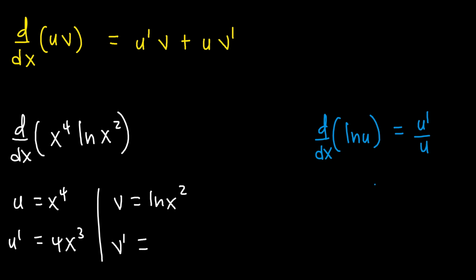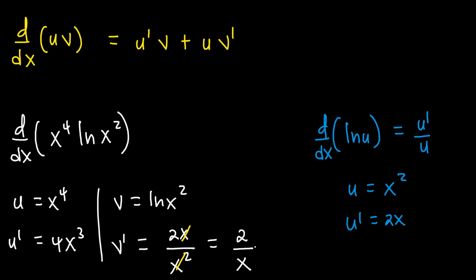So for natural log of x to the power of 2, u will be equal to x to the power of 2. And u prime will be equal to the derivative of x to the power of 2, which is 2x. And so this will be 2x divided by x to the power of 2. Now this x will cancel with that. And so v prime will be equal to 2 divided by x.